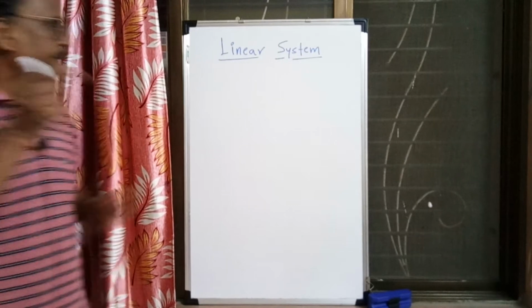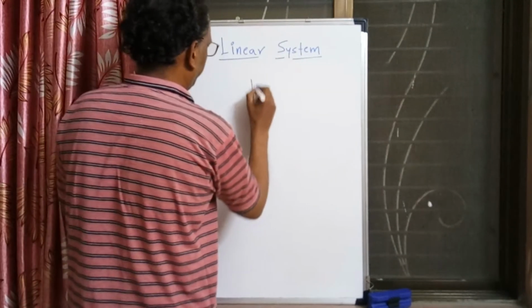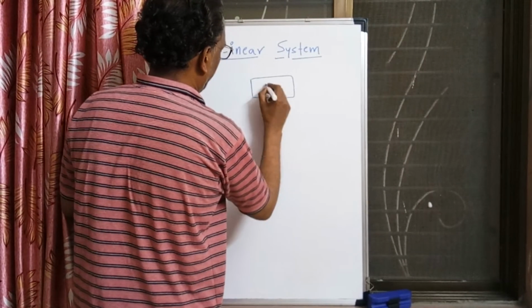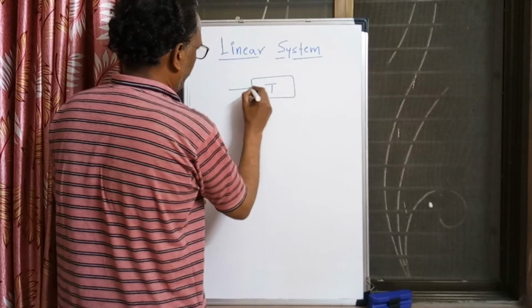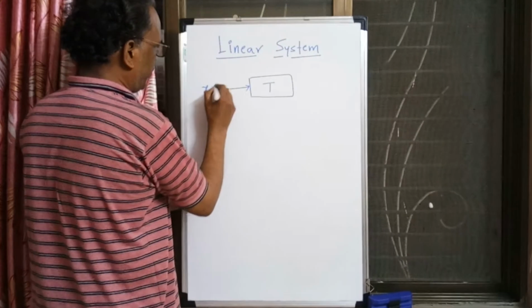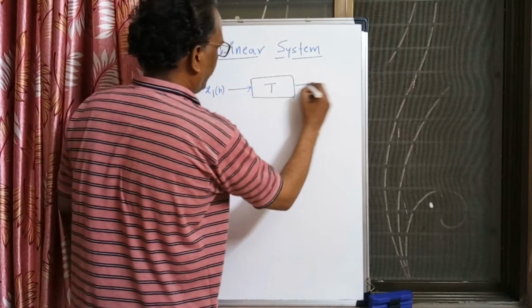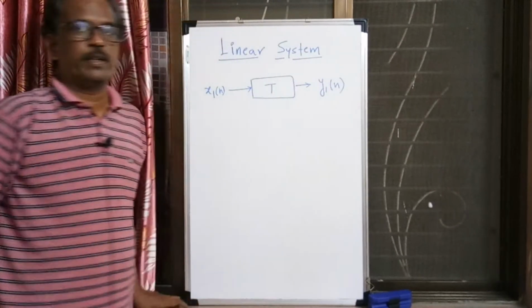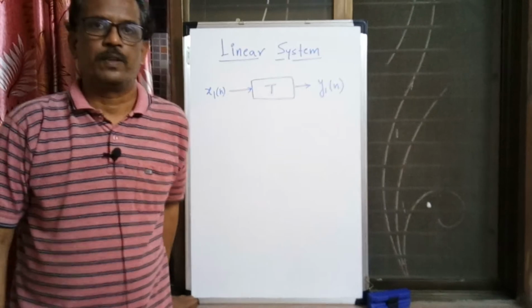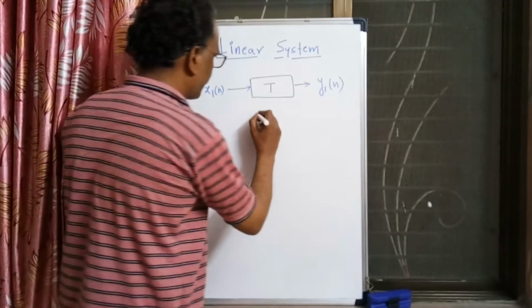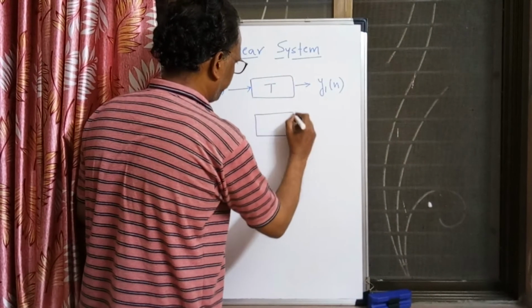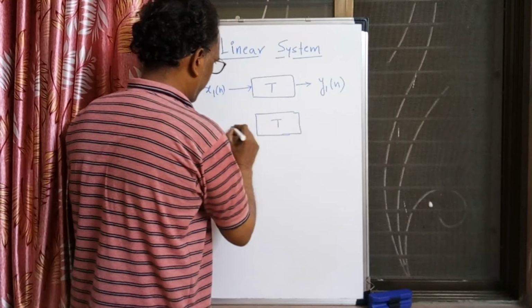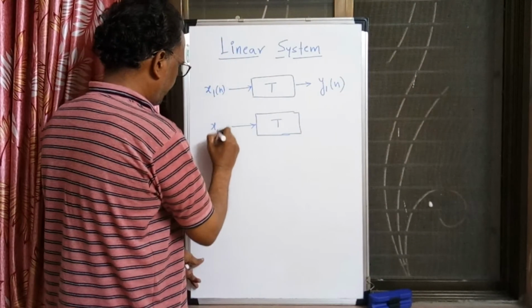Let us consider a system represented by T, and apply input x1[n]. Let us say the output of the system to this input is y1[n]. Now take the same system and apply input x2[n].